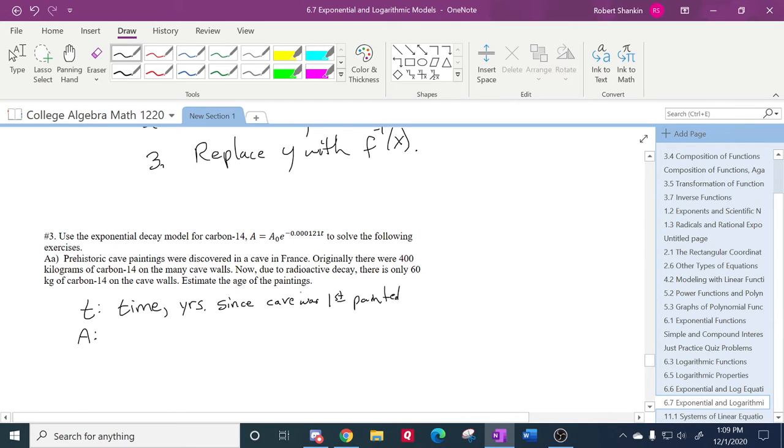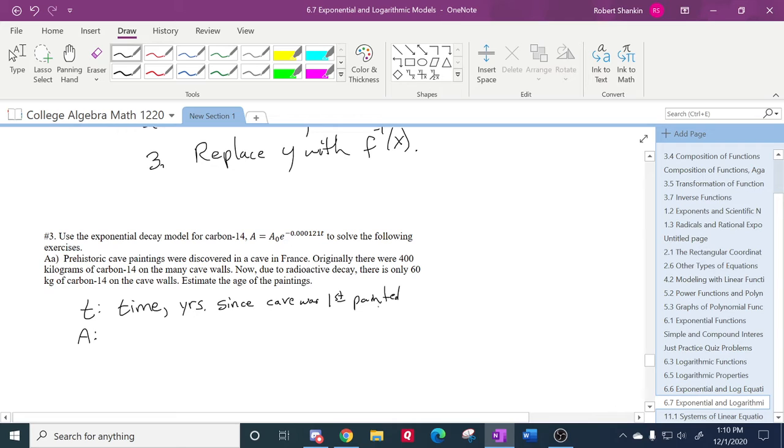I think that seems to be the best description, but actually this is a really bothersome one, because when T is 0, I still don't know what time that was. Years since cave was first painted. So it seems to be a troublesome thing, but actually this is correct.